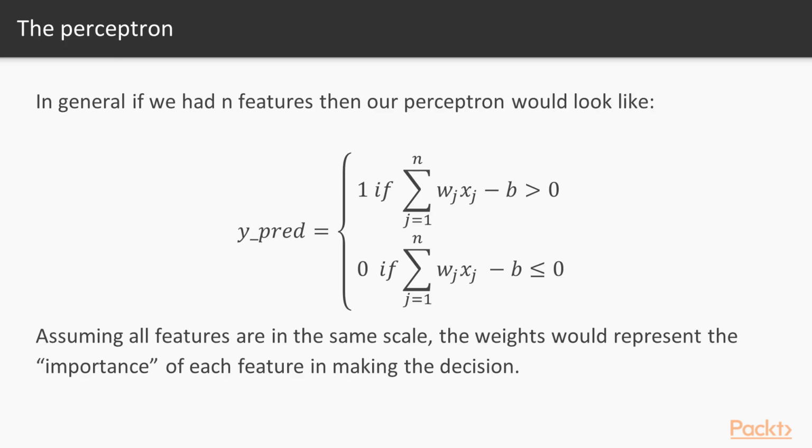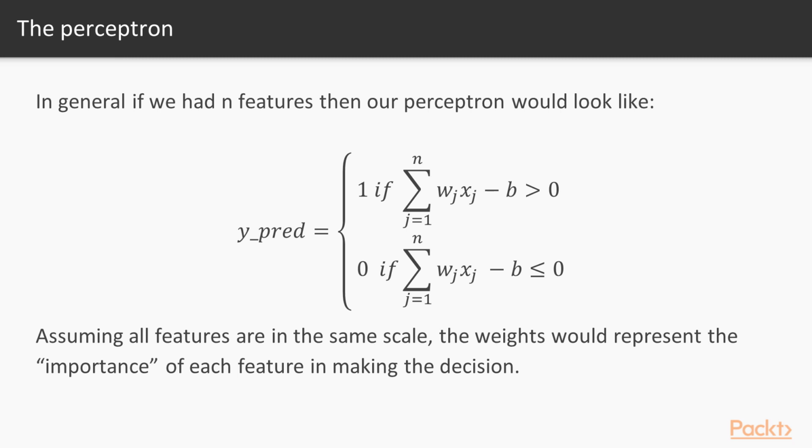In general, if we had n features, not only 2, then our perceptron would look like this. As you can see, we have the same form. We predict 1 if the sum of these weights times the values of our features minus b is greater than 0, and otherwise we predict 0.